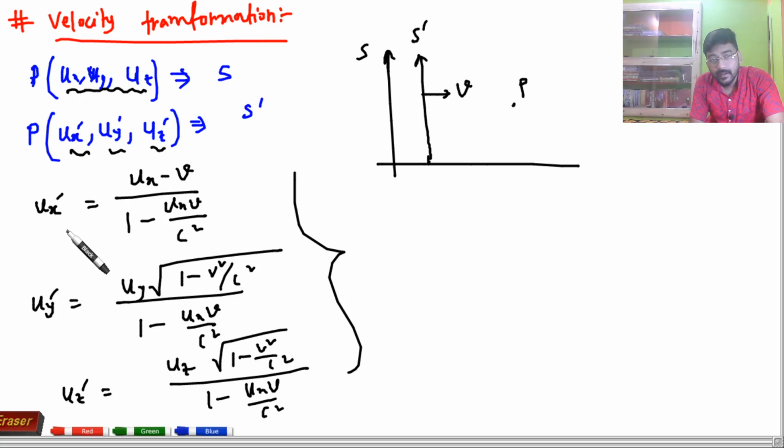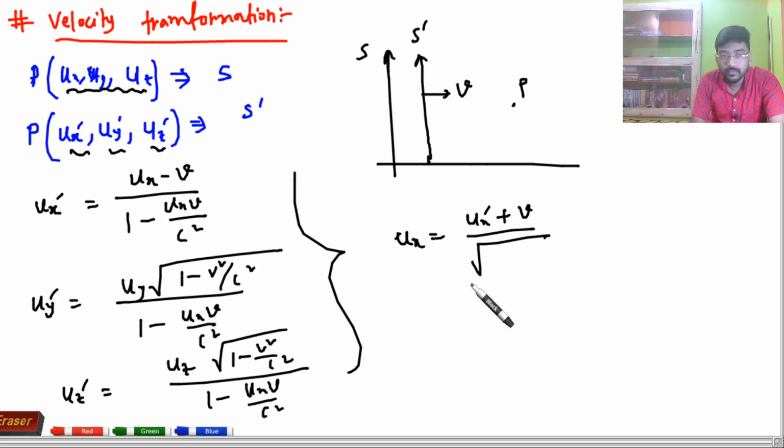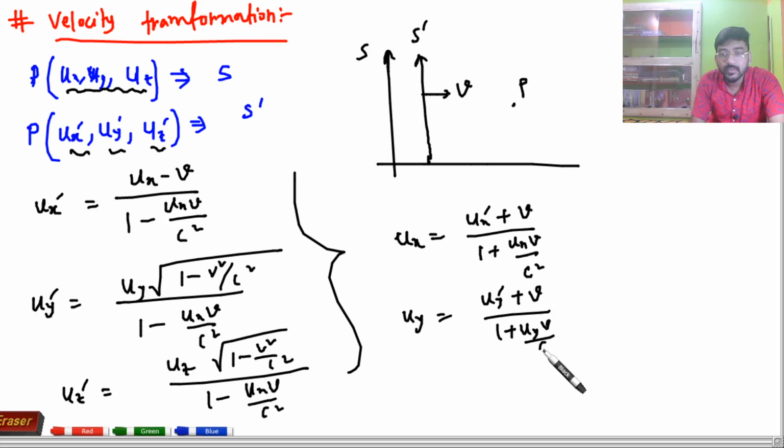Again you can get the inverse relation, that is you can get ux as ux dash plus v divided by 1 plus ux dash v upon c square, uy is equal to uy dash plus v divided by 1 plus ux dash v upon c square, and uz is equal to uz dash plus v divided by 1 plus ux dash v upon c square.